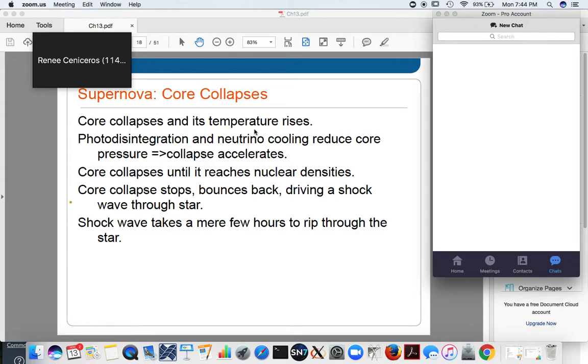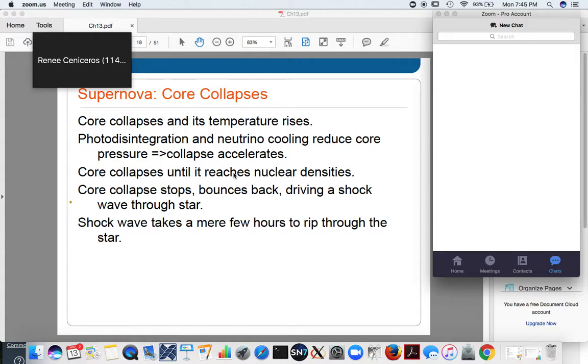Core collapse, temperature rise, and the collapse is such that now the protons and electrons that make up the nuclei, like iron nuclei or any other elements still participating in the core, are forced into collision, if I can use that word, and one proton plus one electron becomes a neutron.